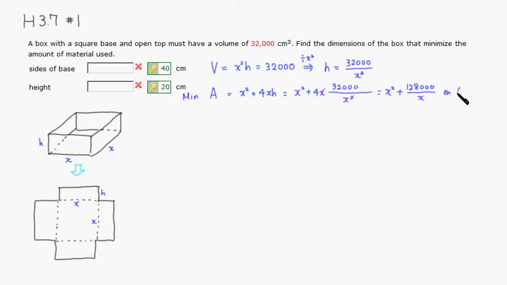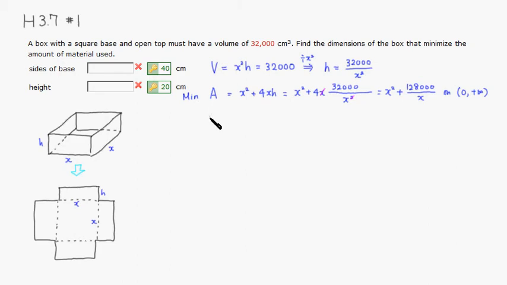So x has to be positive. Then x can be as large as we want. If you have a really big base, then you can make the height really small so that the volume is still that. So it's going to go to positive infinity. So we want to minimize this function.